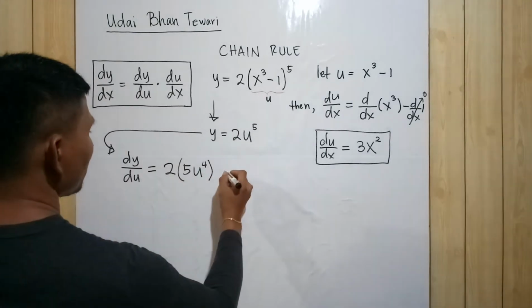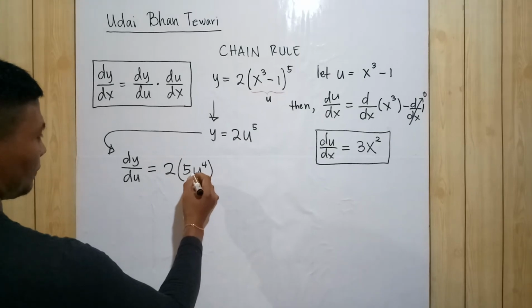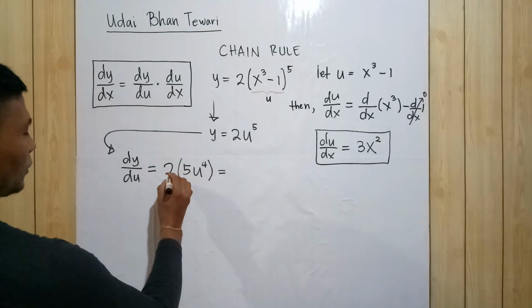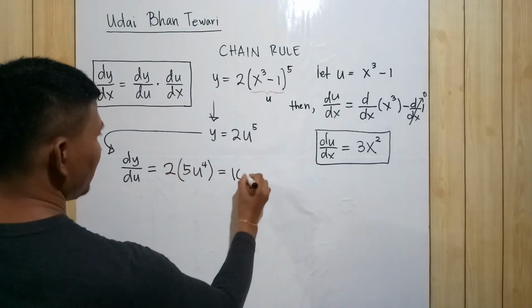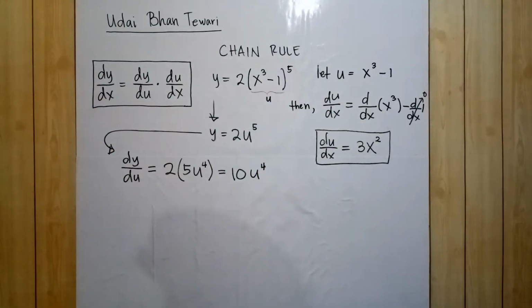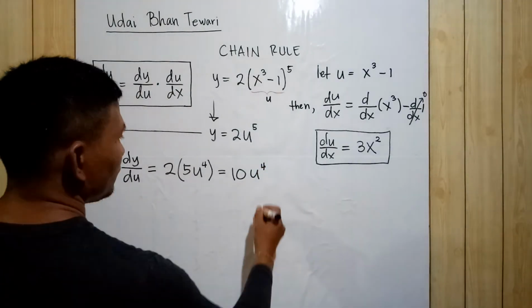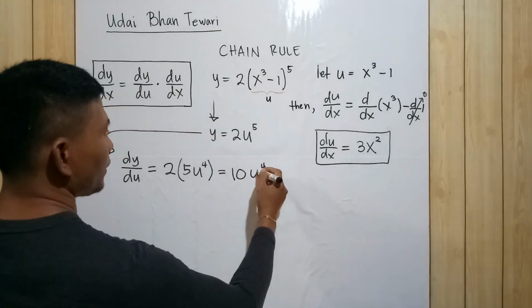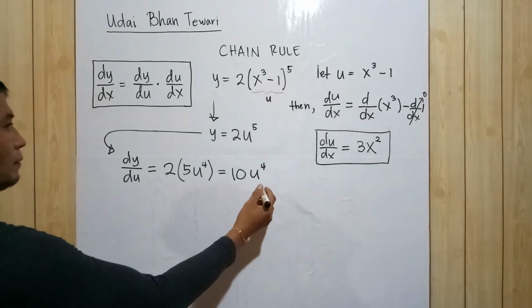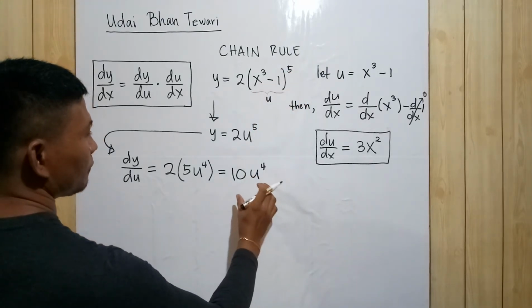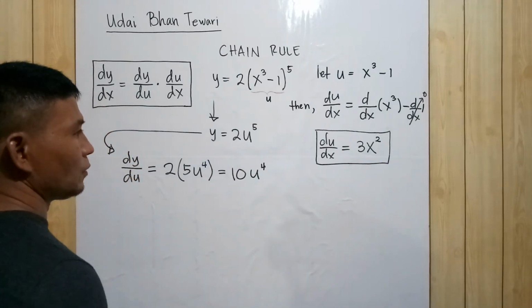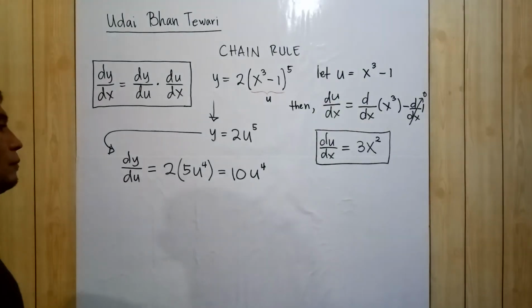Okay, proceeding on, we can combine 2 and 5, so we can multiply 2 and 5. 2 times 5 is 10, and then we have u to the 4th power. Now we can substitute the original value of u, which is actually x cubed minus 1, so that we will have x, which is the same variable as our du dx, so that later we can combine that.